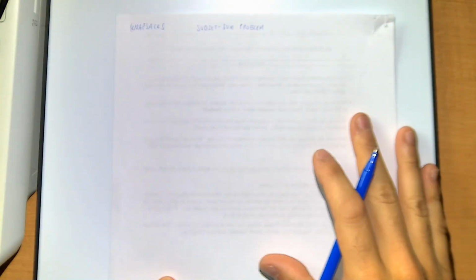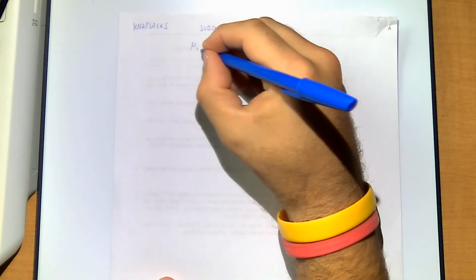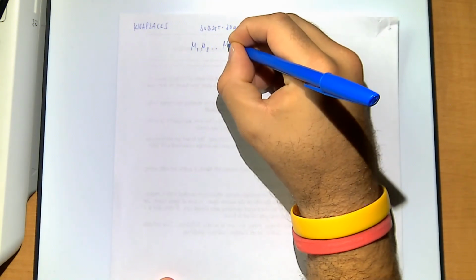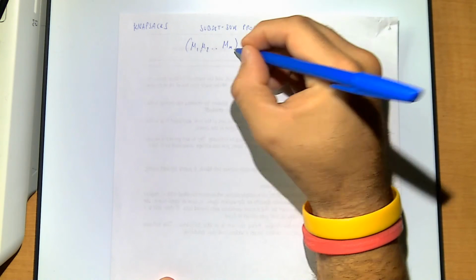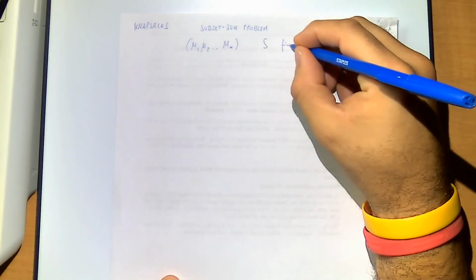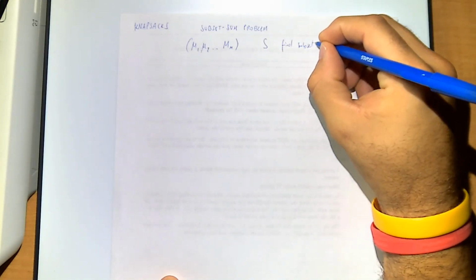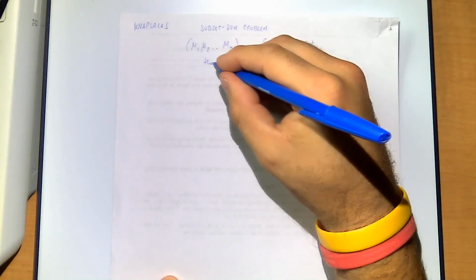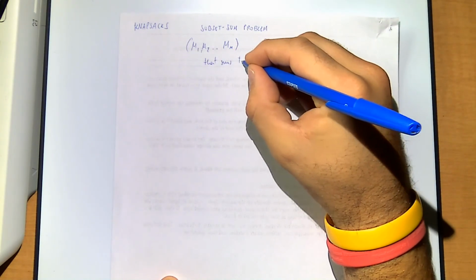And it's very intuitive. If you have a list of integers, for example m1, m2, up to mn, and you have an integer s, find a subset that sums to s. It's something very intuitive. Let me do an exception to show you a practical example.